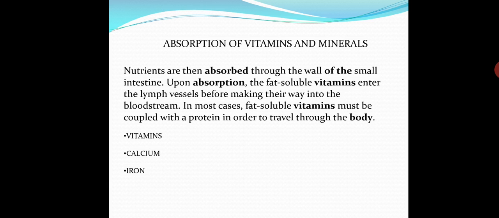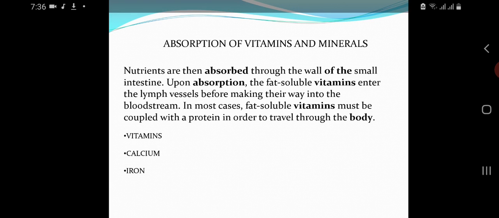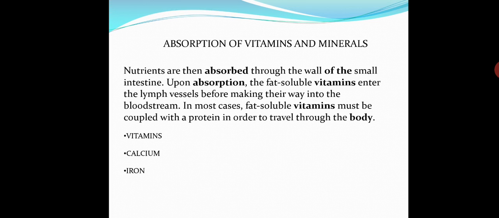Absorption of vitamins and minerals in the gastrointestinal tract. Water-soluble vitamins are absorbed rapidly. Fat-soluble vitamins like A, D, E, and K absorption decreases if fat absorption decreases due to pancreatic enzyme or bile deficiency. Most vitamins are absorbed in the upper small intestine, but vitamin B12 binds to intrinsic factor, which is secreted by the stomach.